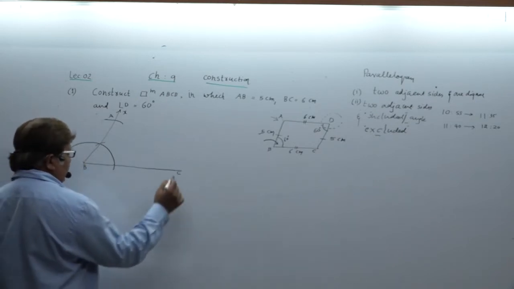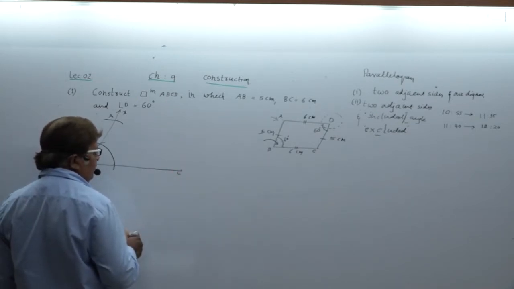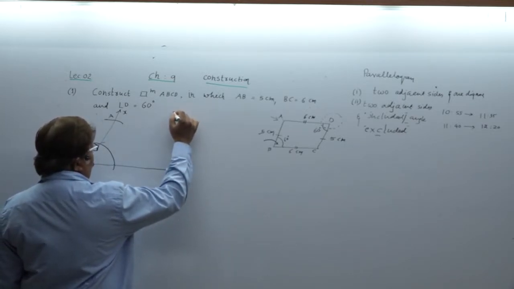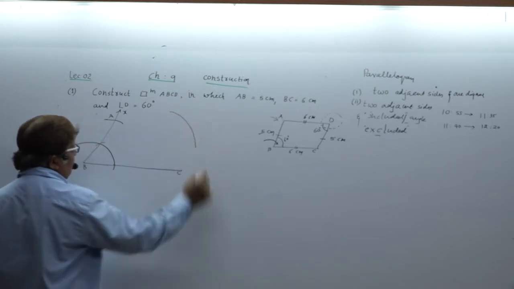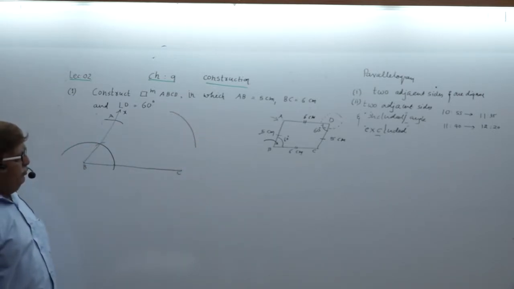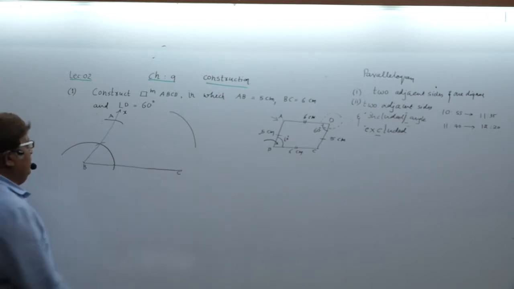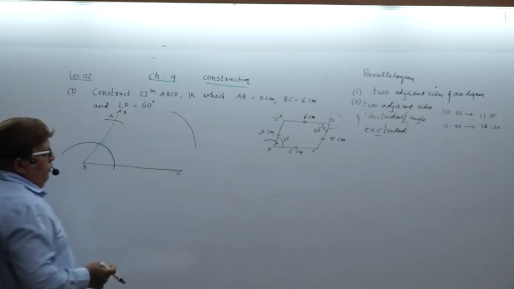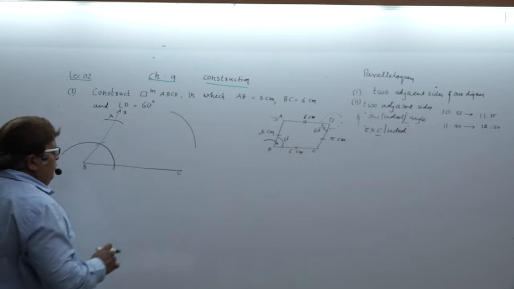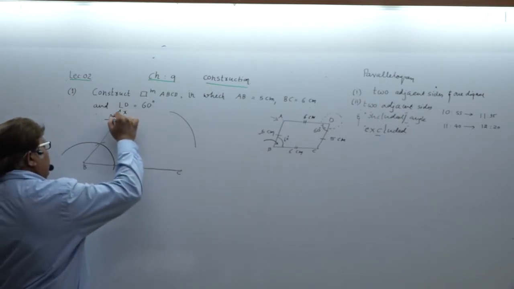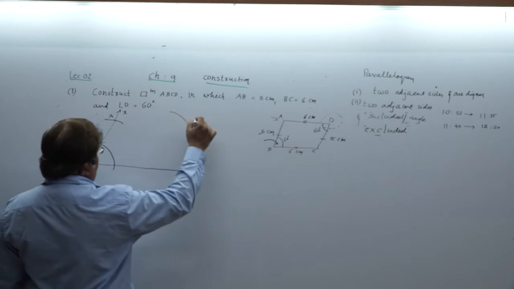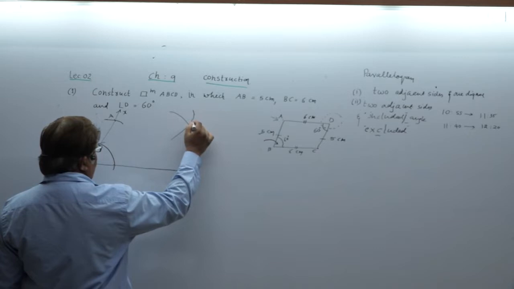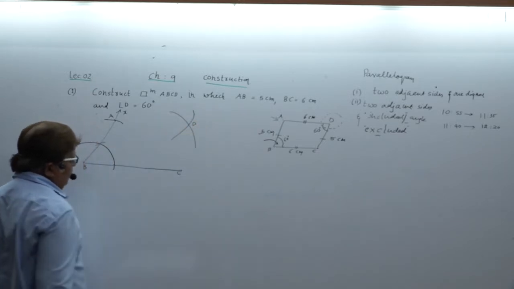So let us center the compass at C, taking radius of 5 centimeter, draw an arc. Okay, please draw it with me. Then take radius of 6 centimeter, center your compass at A and draw another arc. Both arcs will intersect at point D.